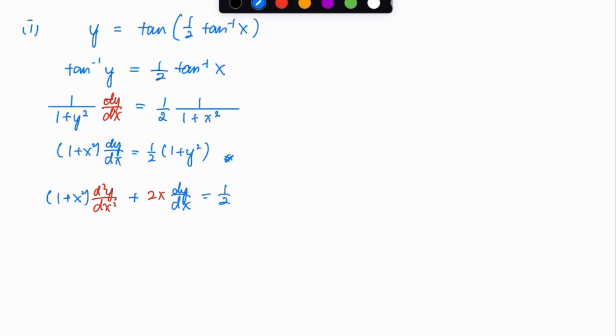Then half on the outside. Differentiating this gives me 2y, and then chain rule dy/dx. You need to differentiate the square, then differentiate the y. So this one itself will give me 1 plus x squared. Let's simplify. This one would be y minus 2x dy/dx. You get something like that?